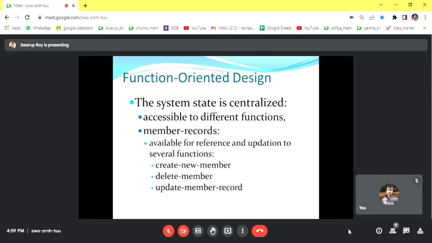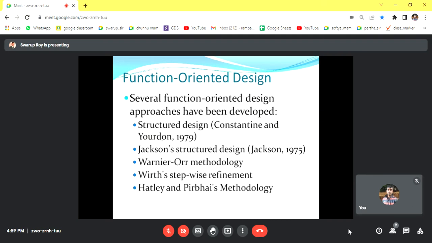It may be part of that single module, or part of some other module also. It depends on the design. We have discussed earlier that different function-oriented designing approaches are available, and what we are discussing is structured design, also called ordered design.